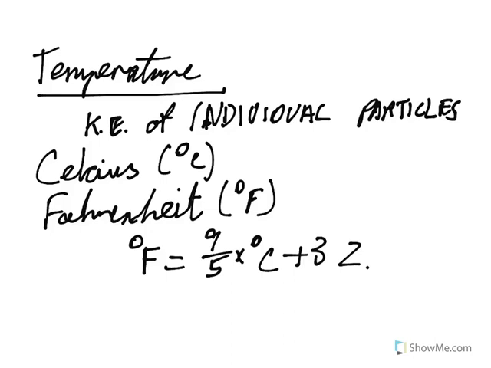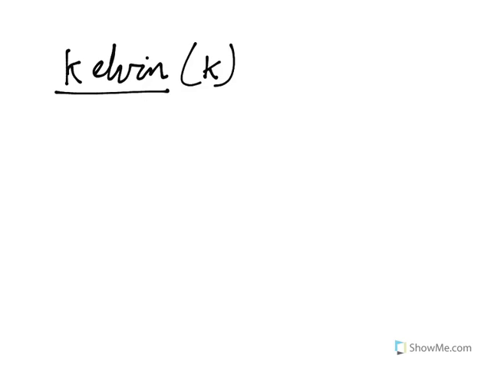We use Celsius, the metric countries. And in science, there's another one called Kelvin, after Lord Kelvin. And Kelvin is so special it doesn't have a degree sign, it's just called Kelvin.